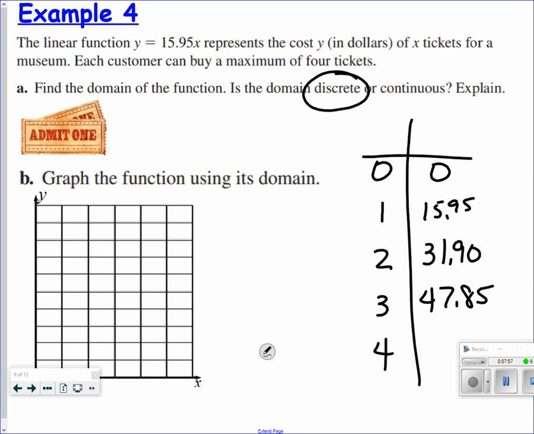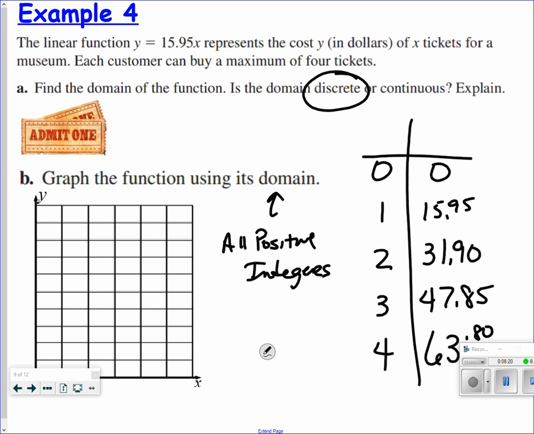If you buy 4 tickets, $63.80. So now, how would I graph this and what's the domain? Okay, so the domain, all positive integers.